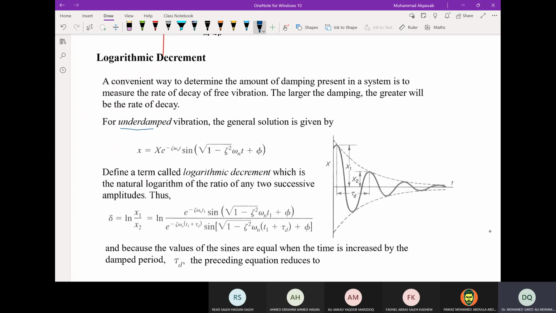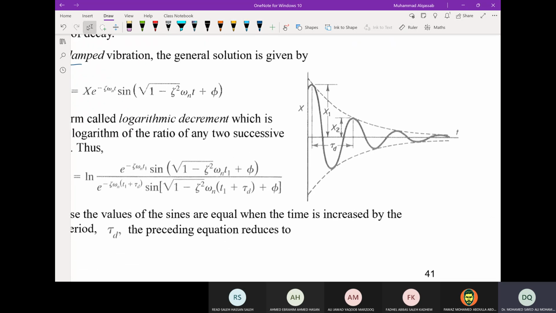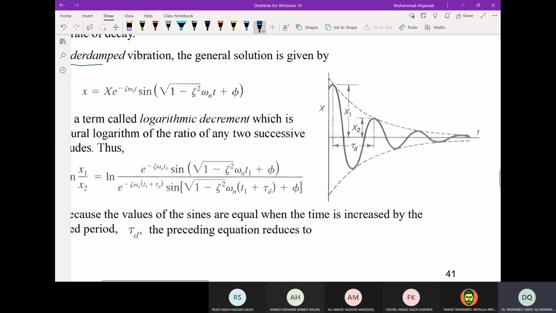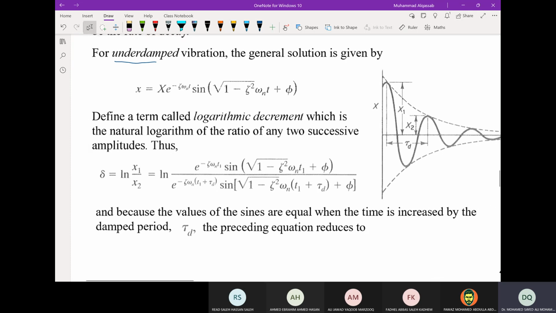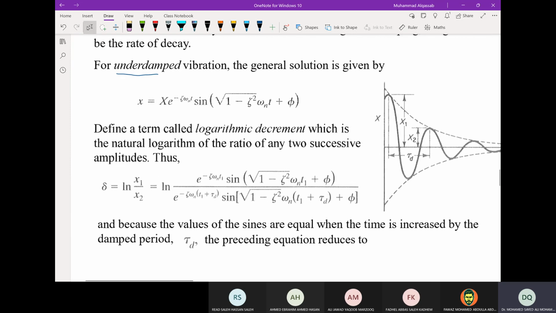The decaying of the vibration and the number of oscillations depend on the value of zeta. Let's see how we can get this decay and its relation to zeta.